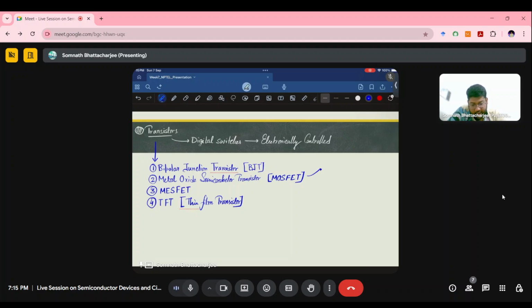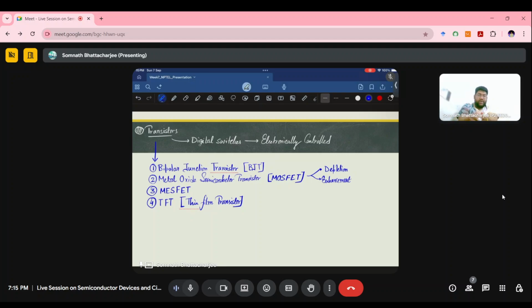In MOSFET, there are two types of transistors. Those are the depletion MOSFET transistors, and also the enhancement MOSFETs as well.